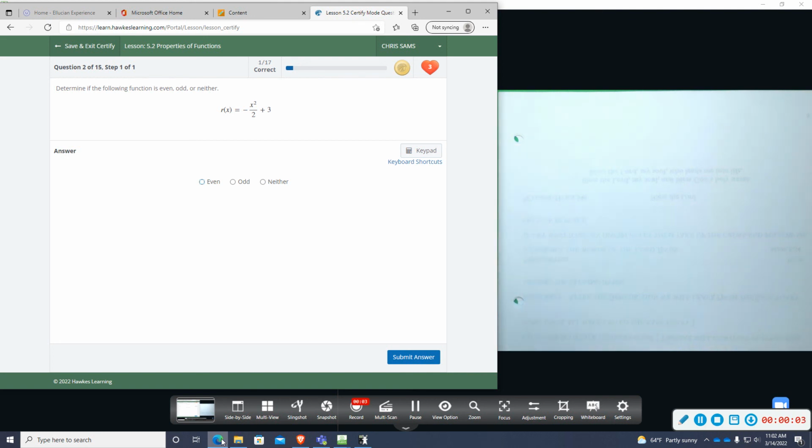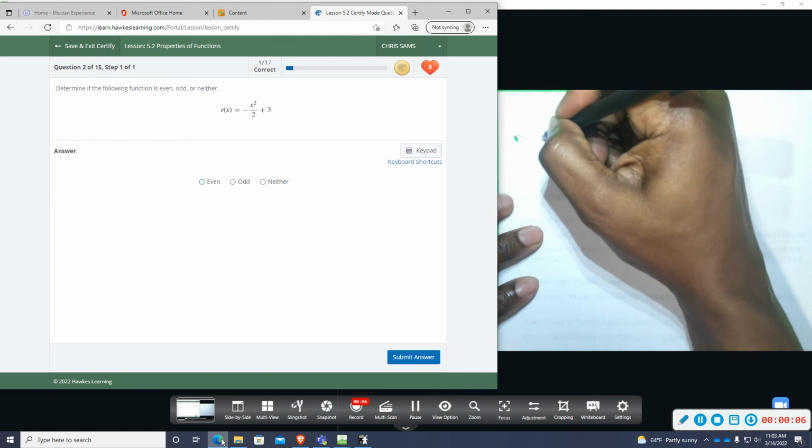Number two, this function is already simplified for us.